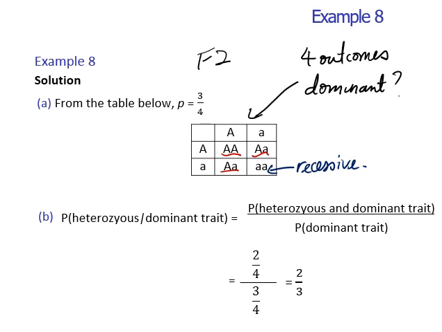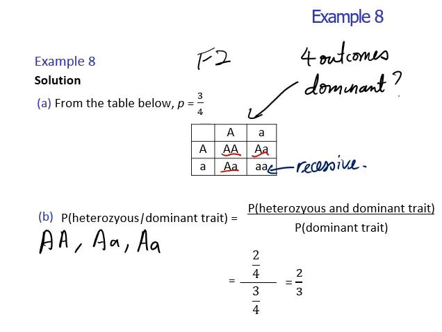For part B, if you are given dominant trait only, so dominant trait already, so I pull out which are the dominant trait? These 3, right? You have AA, that's dominant trait, another 2 AA, 1 big A, 1 small a. So you have 1 homozygous, 2 heterozygous. So you have 3 of them. These are 3 dominant. How many of these are heterozygous?